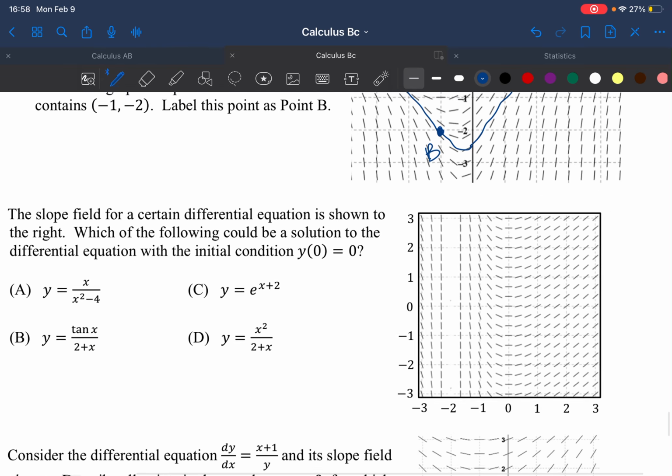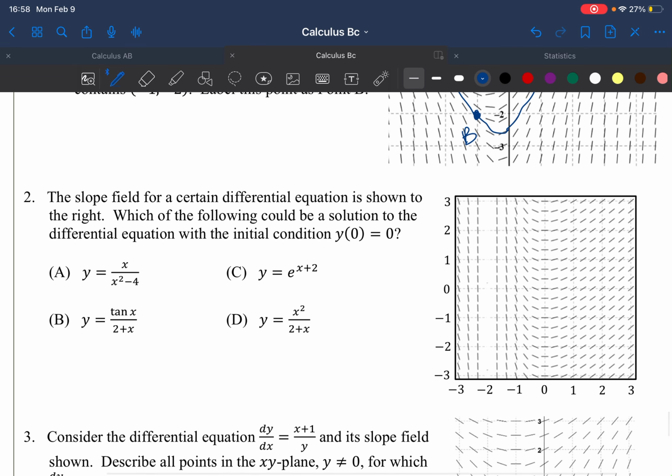First, just looking at the slope field, I want to identify some things. The first thing I can do is look at that initial condition (0, 0) and plot that point, and then trace around what that slope field is showing for that particular solution.